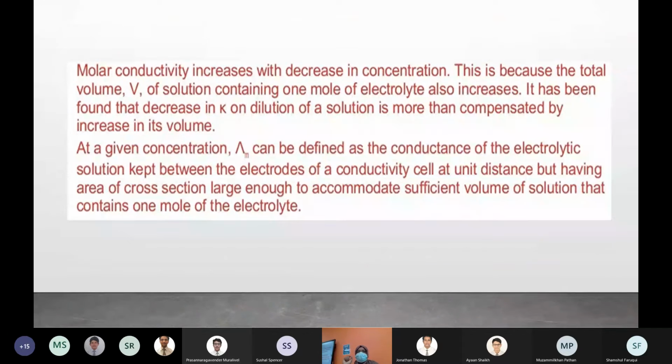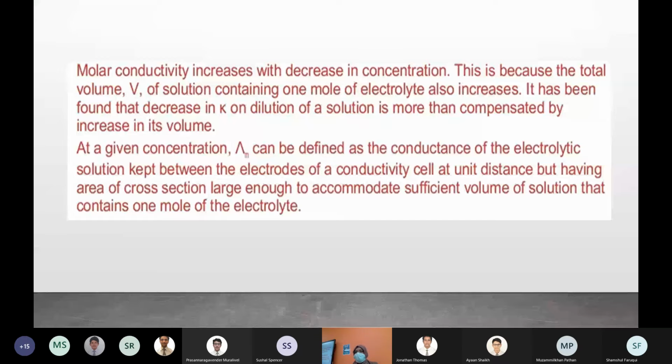The reason is the total volume containing 1 mole of electrolyte. You have taken 1 mole of electrolyte in a volume V in the beginning and now you are diluting. Diluting means the same 1 mole of electrolyte with an extra amount of solvent added.